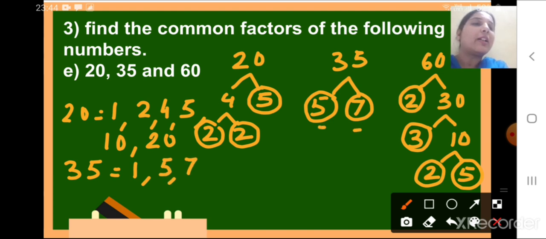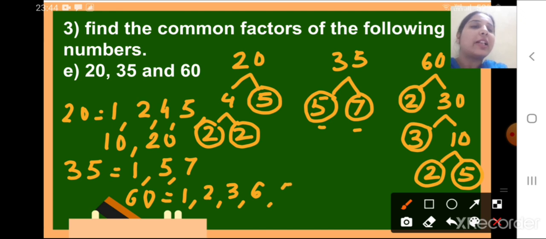And now we will write the factors of number 60. So we have 1, 2, 3. Then 3 2s are 6. 6 5s are 30. Then 4 as well. 2 2s are 4 here you can see. Then 15. Then 12. There you can see 3 2s are 6, 6 2s are 12.